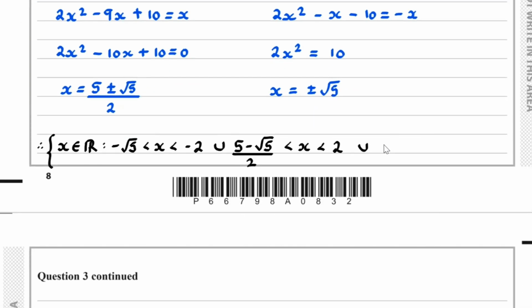So we have x is greater than (5 plus square root 5)/2. So here is our solution to the inequality.